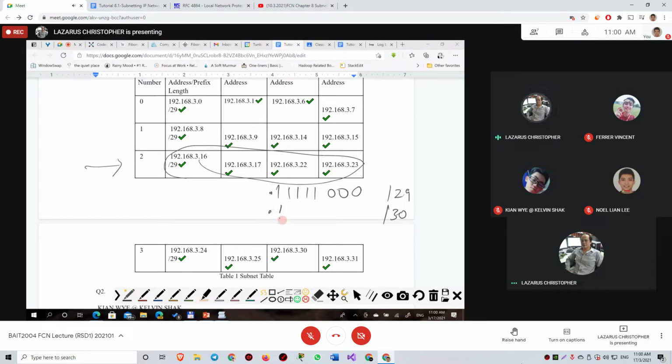So 1, 1, 1, 1, 1, 0. The extra bit I borrow provides me 2 additional subnets within this subnet. So within subnet number 2, I can create 2 additional /30 subnets.